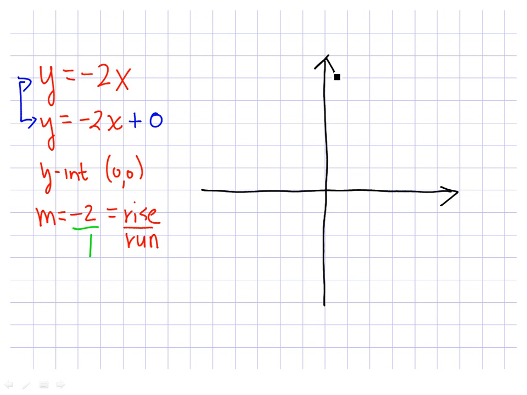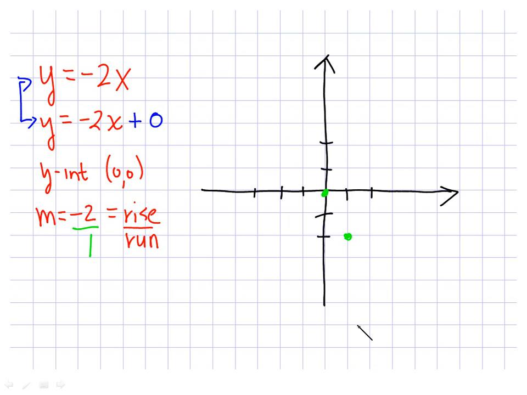So let's plot 0, 0 right there. And what would you do from there? Since we have a rise of -2, let's go down 2 because it's negative and go to the right 1.